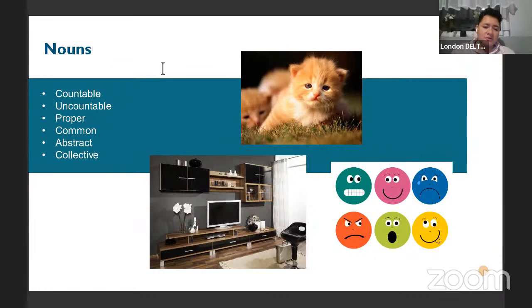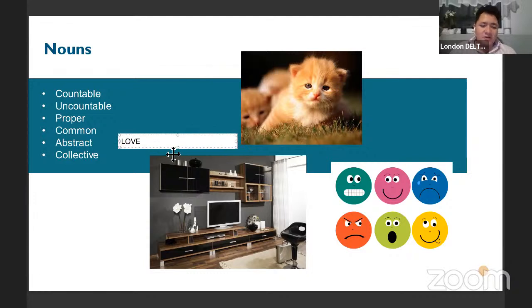For example, love. Love is an abstract noun because you don't see it as an object, like something physical. You cannot touch it, but it's the definition of something more complex, a feeling. So love is an abstract noun.